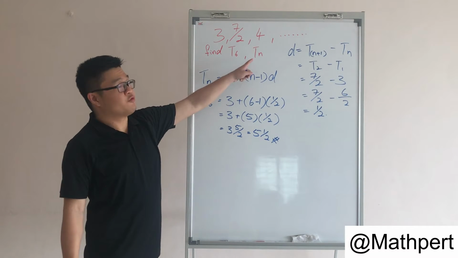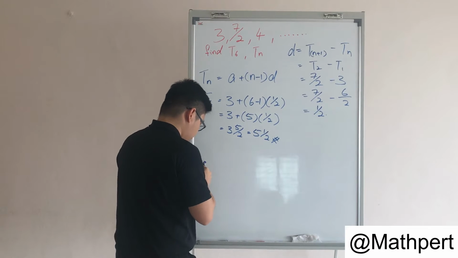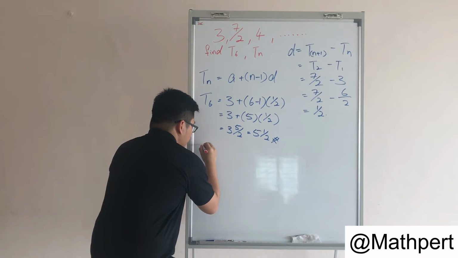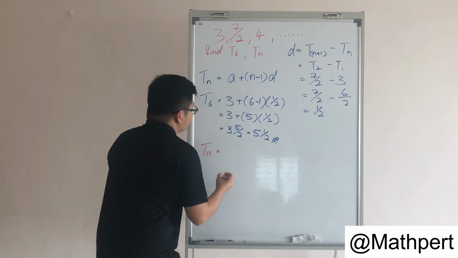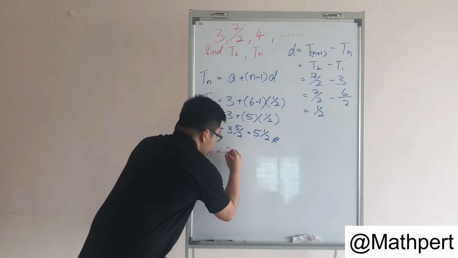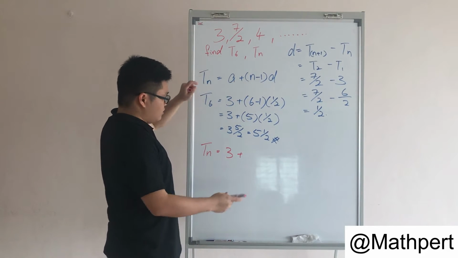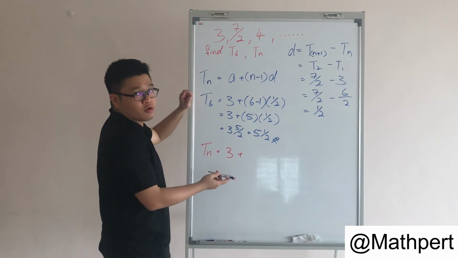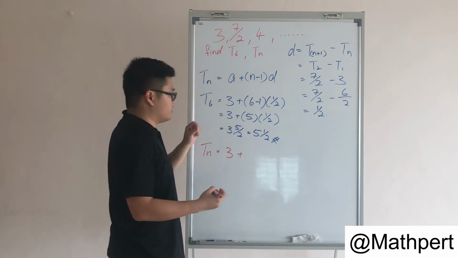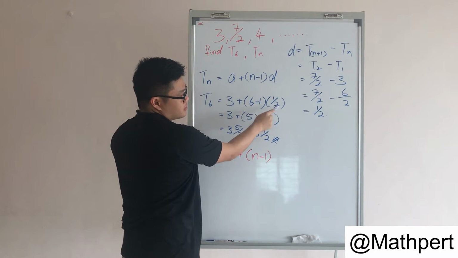Next, we find Tn. Same, Tn is equal to, we follow this equation, a is 3, 3 plus (n minus 1). Since the question asks us to find the nth term, we remain n minus 1. d is 1/2.